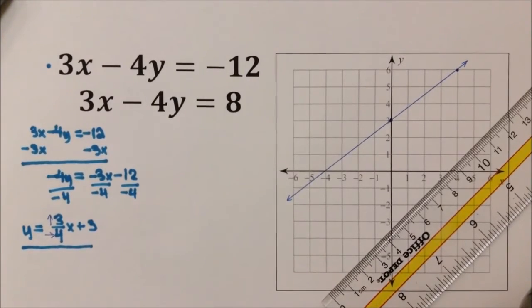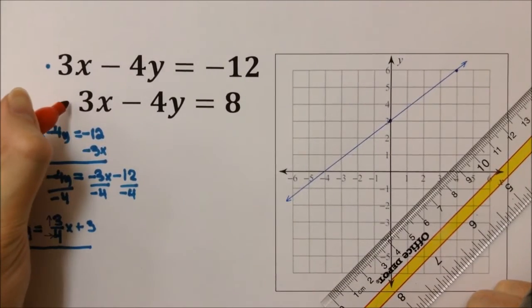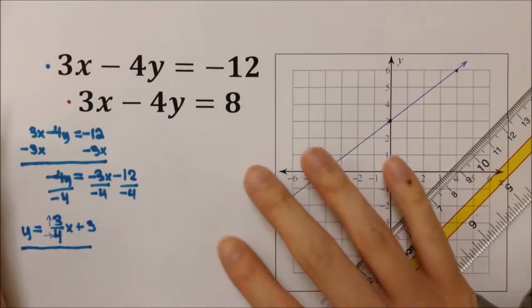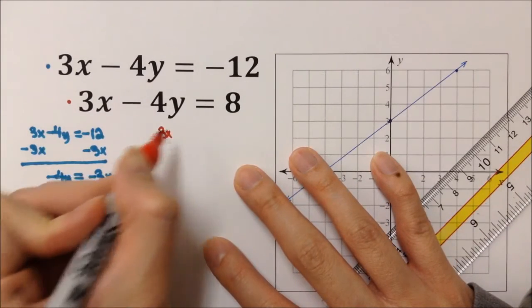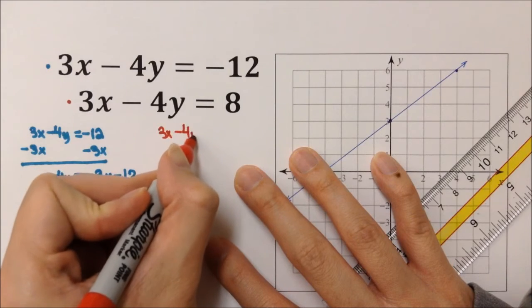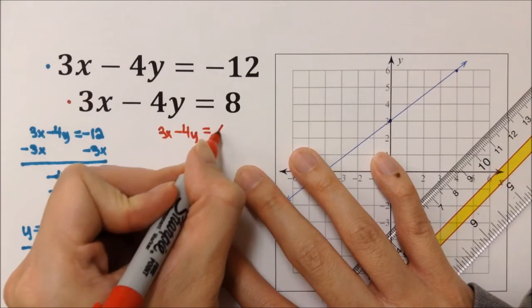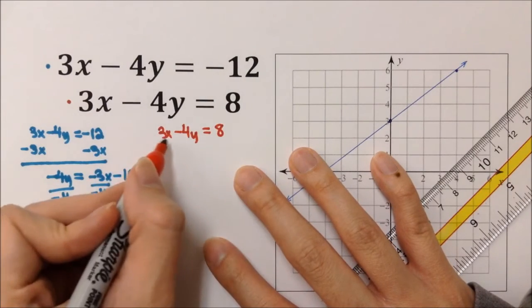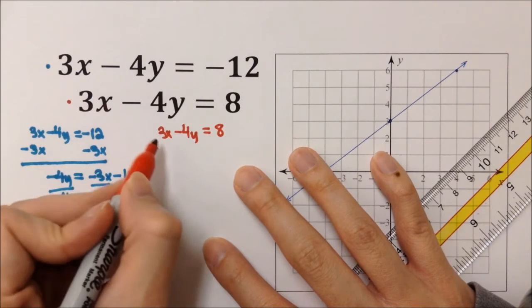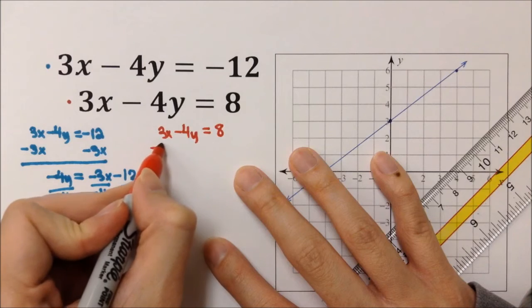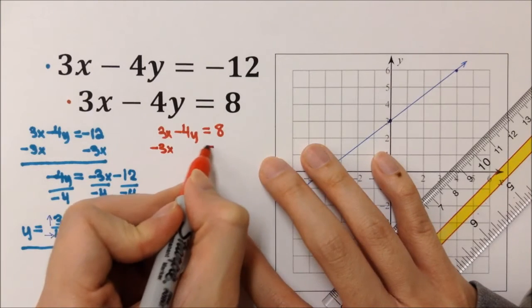So let's work with the second one. 3x minus 4y equals 8. Alright, so I want to get rid of the 3x so I can get the negative 4y by itself. So the opposite will be minus 3x, minus 3x.